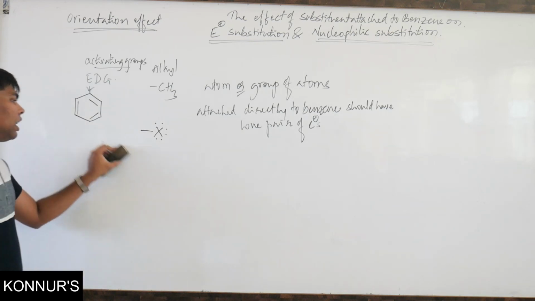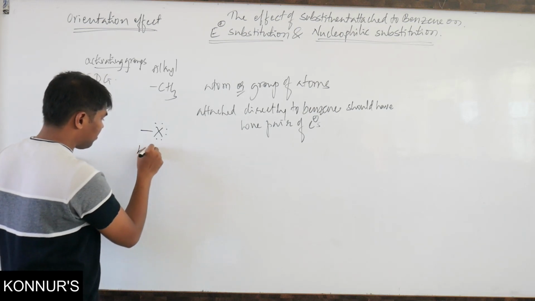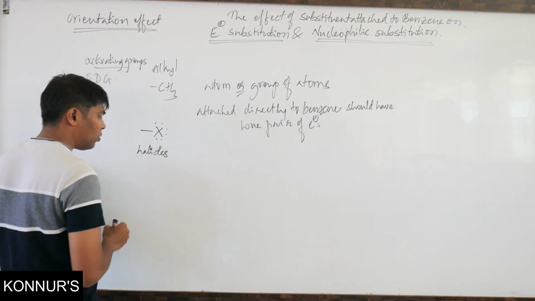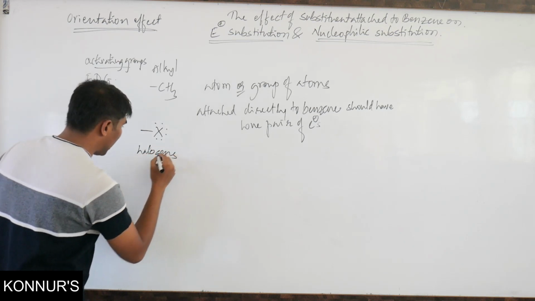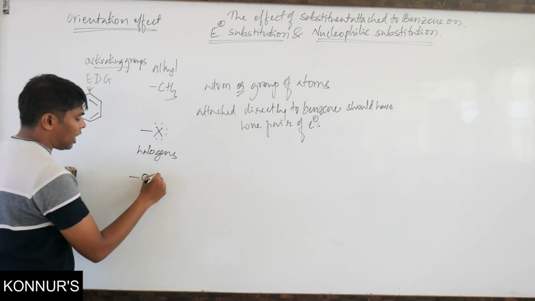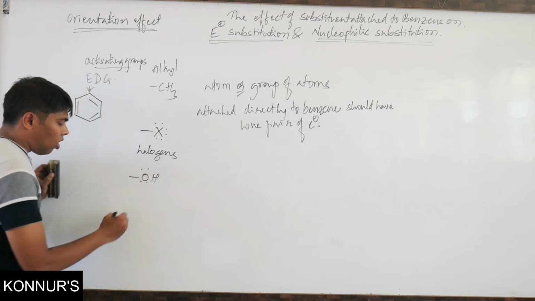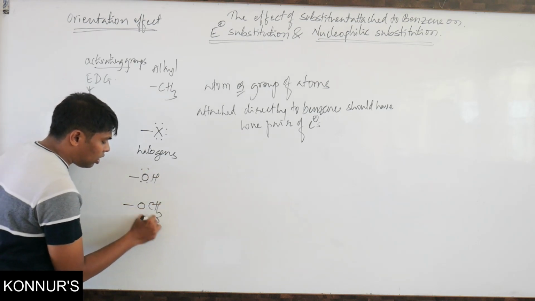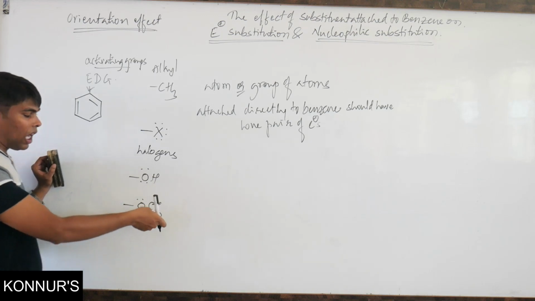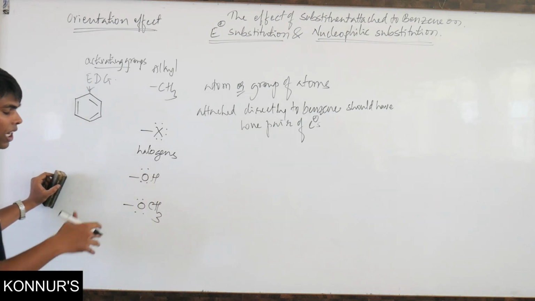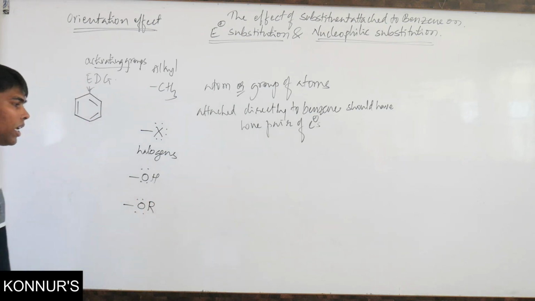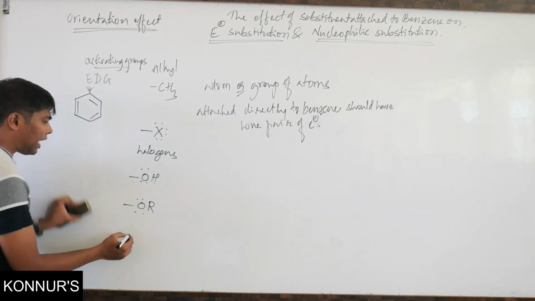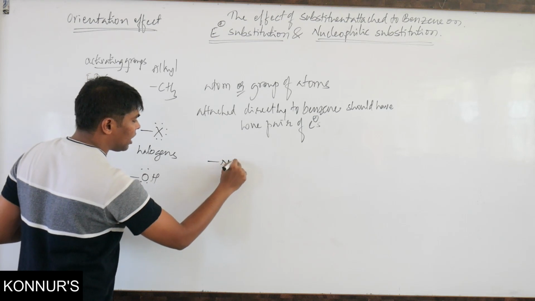So here the halogens attached, or you can take the hydroxyl group, or the alkoxy. I have taken the methoxy right over here. In general, you can take it as RO. And even the highly activating groups such as NH2 you can take.